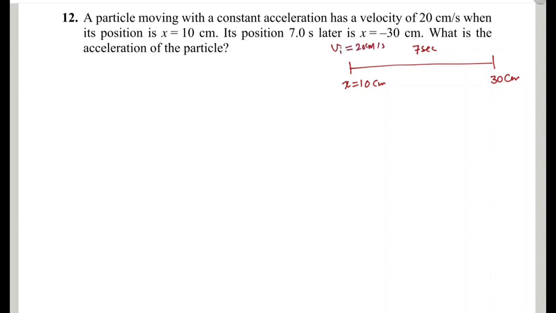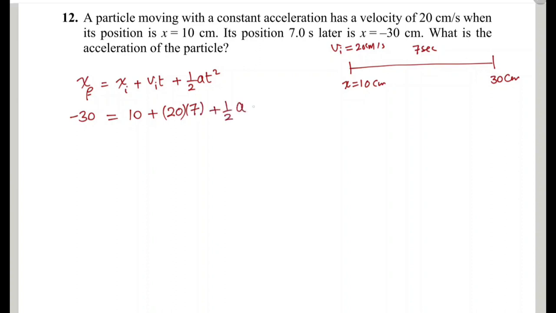per second. In this case, x final equals x initial plus v initial t plus half a t squared. Minus 30 equals 10 plus 20 times 7 plus half a times 7 squared, which is 49.